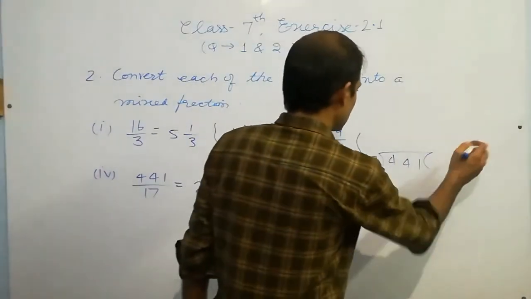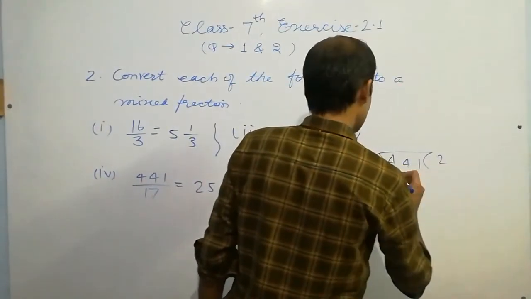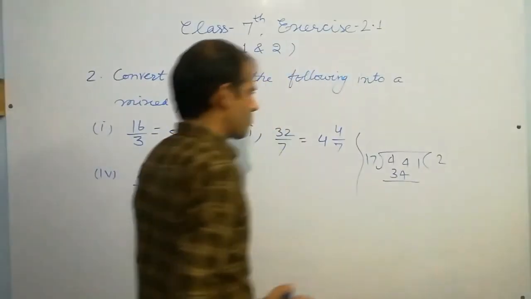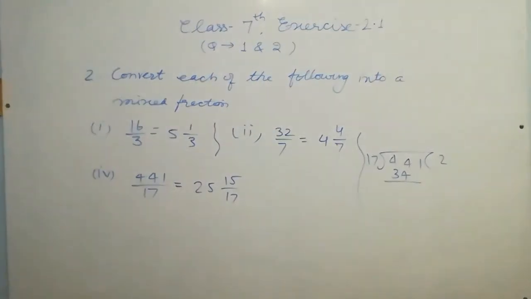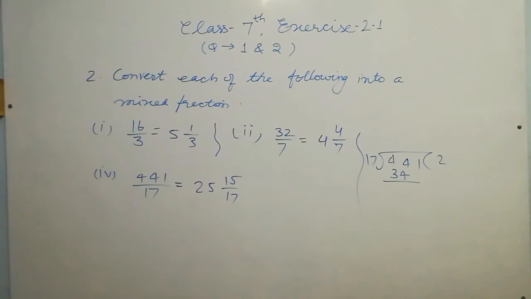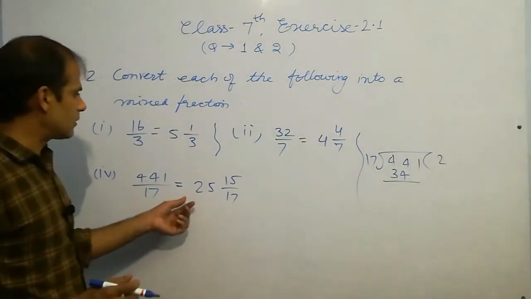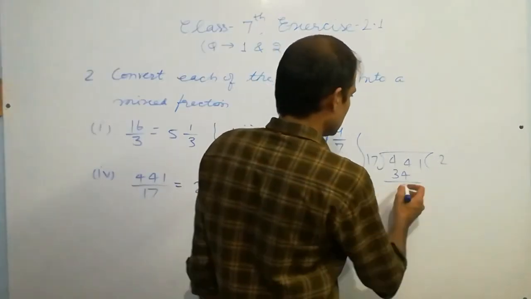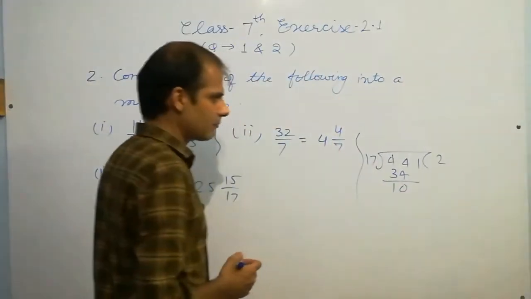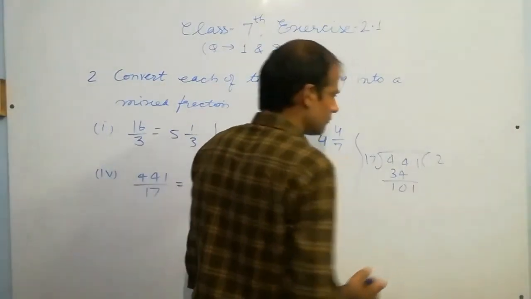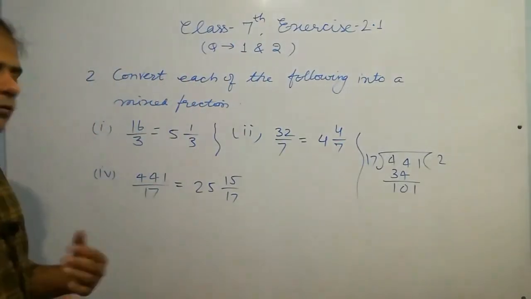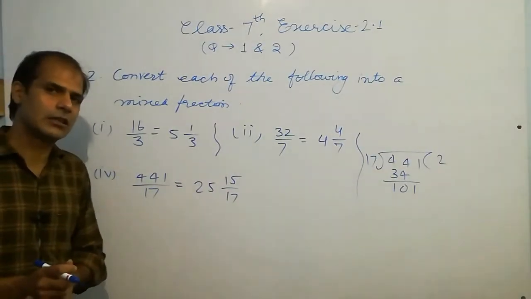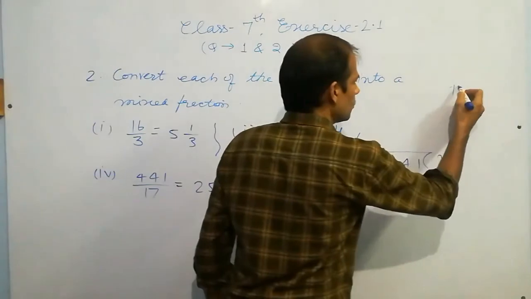It is 441. Okay, the number is correct. So 17 2s are 34. After subtraction we get 10 and 1 is copied. So with the help of the table we know that 17 6s are 102.